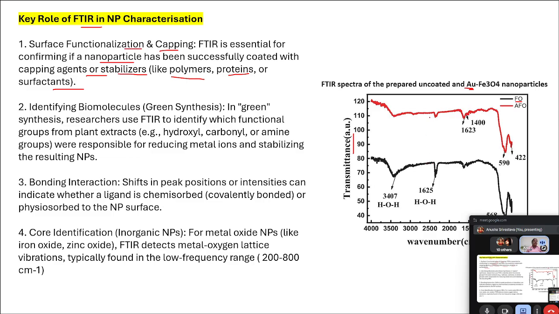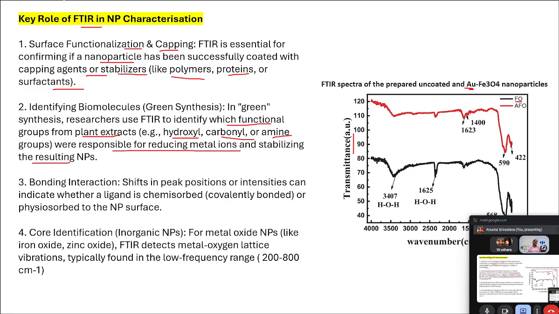As we know, in FTIR spectra, different peaks correspond to different regions. So when we are studying at the molecular level, if we want to see the difference that has come, or if the coating has been done properly or not, we can, as a preliminary means, record this FTIR spectra. The second could be, as I have just discussed in green synthesis, researchers use FTIR to identify which functional groups from plant extracts, like hydroxyl, carbonyl, or amine groups, were responsible for reducing metal ions and stabilizing the resulting nanoparticles.